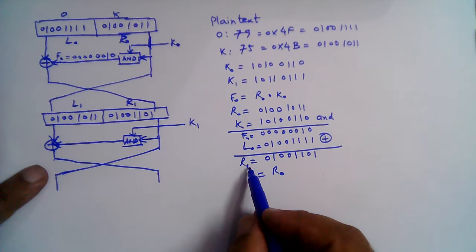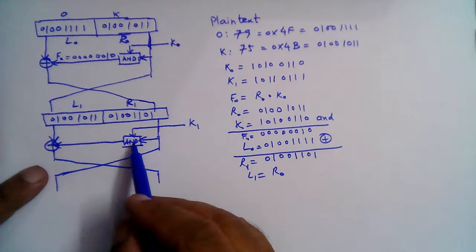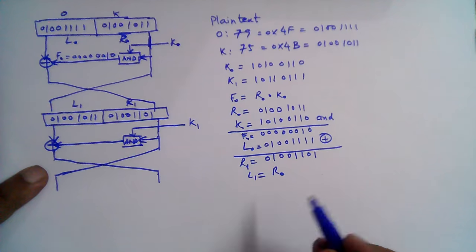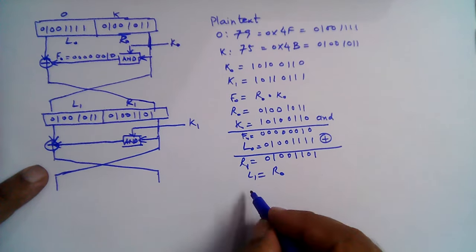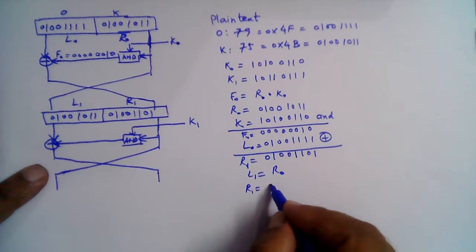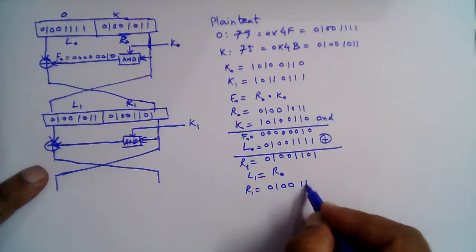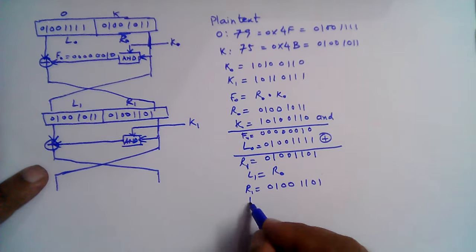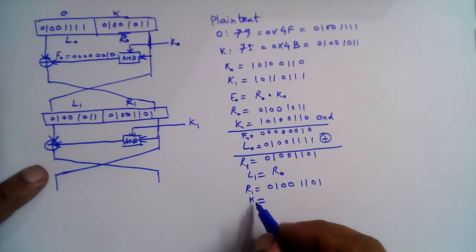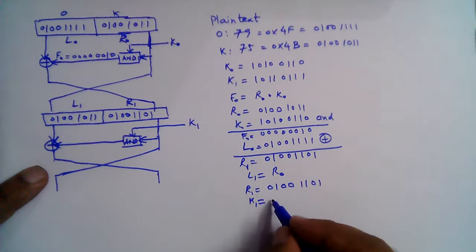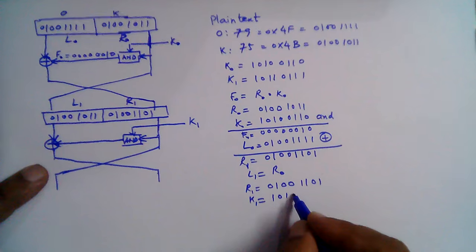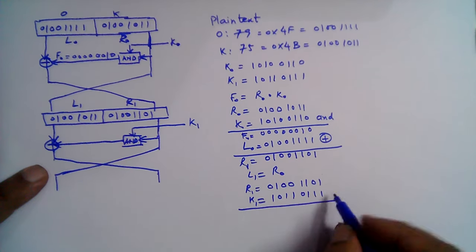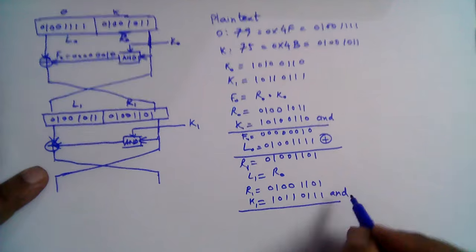So see, R1 is processed with K1 in the AND operation. So this was R1, so let's write that again. R1 is equal to 0 1 0 0 1 1 0 1, right? And the key K1 is supposed to be 1 0 1 1 0 1 1 1, and this is the AND operation here.